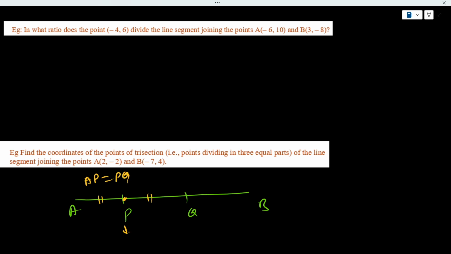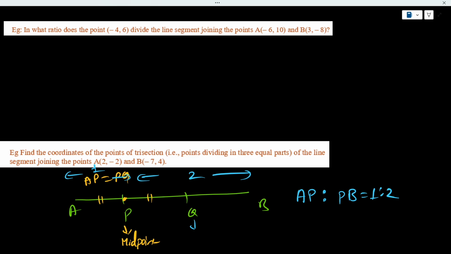So you can use the midpoint formula to find out the coordinates, right? But if I don't have Q's coordinate, how are we going to take the ratio here? If I'm taking the ratio to use the section formula, AP is to PB will be 1 is to 2. Why? Because it's an equal part. So this part is 1 and this whole part is 2.